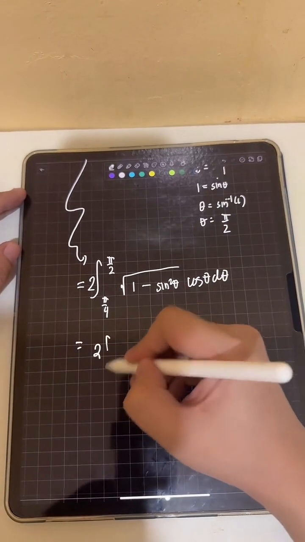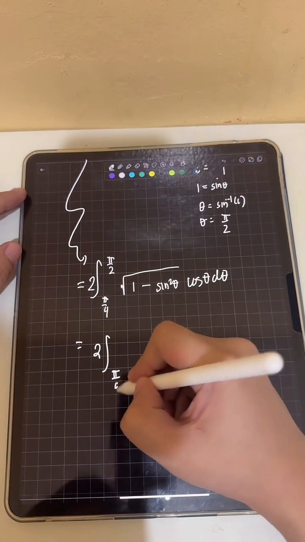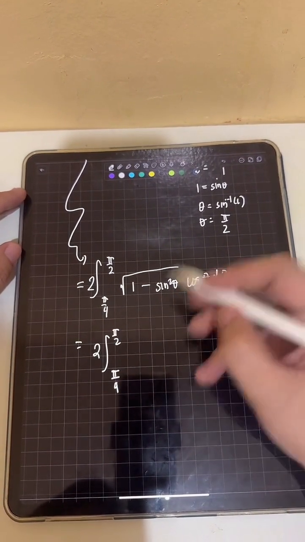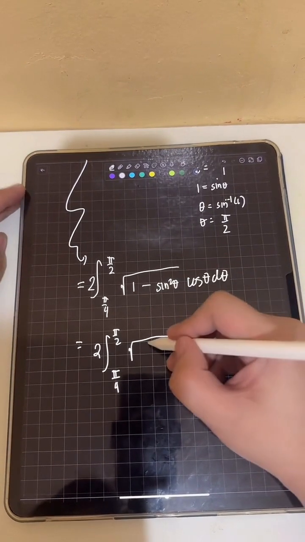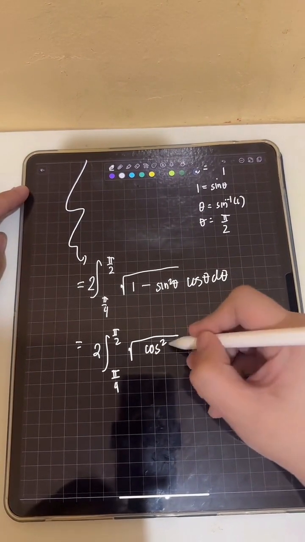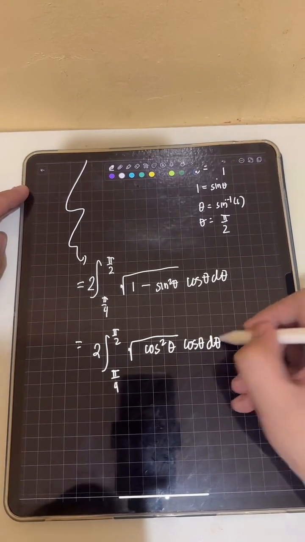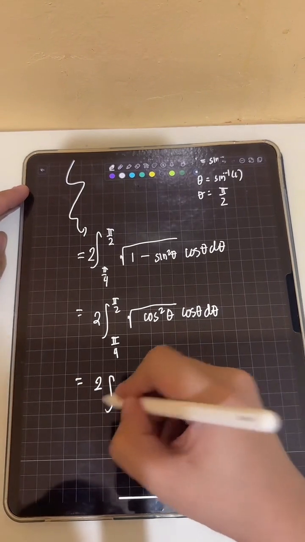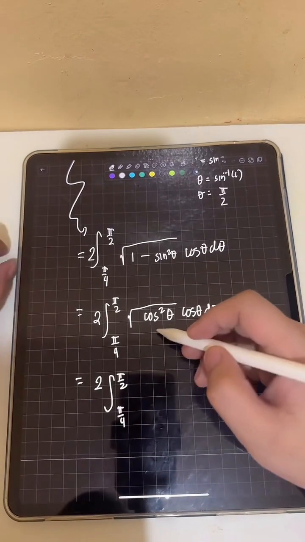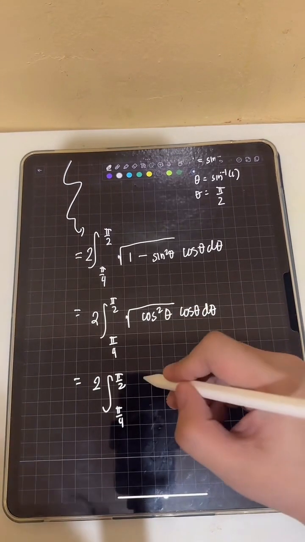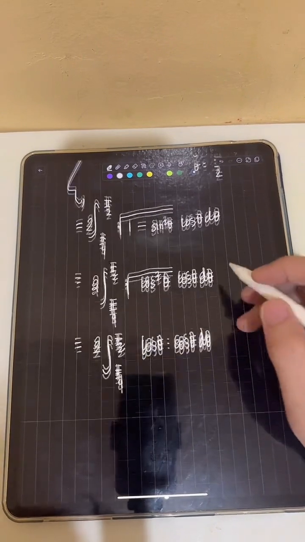So simplifying further, we will have 2 integral from pi over 4 to pi over 2 of the square root of 1 minus sine squared theta, using Pythagorean identity, that's cosine squared theta, times cosine theta d theta. So 2 integral from pi over 4 to pi over 2, square root of cosine squared theta is cosine theta times cosine theta d theta.